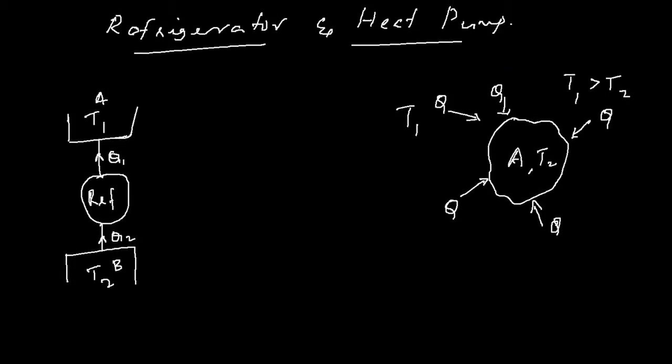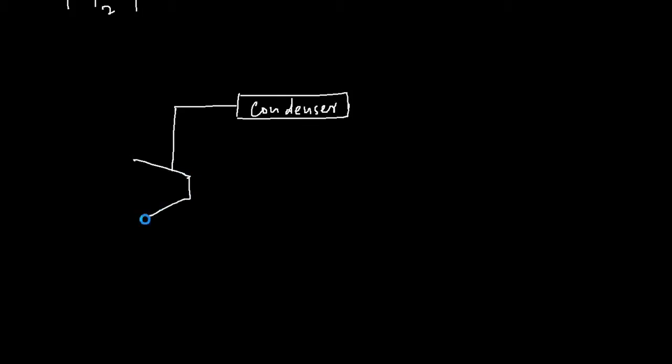Now let's see how a refrigerator cycle works. It's pretty much the same as our heat engine cycle. Let's draw that here. You will have a condenser, and from the condenser the refrigerating fluid passes to the expander, or turbine, and that expands here and produces work of expansion.